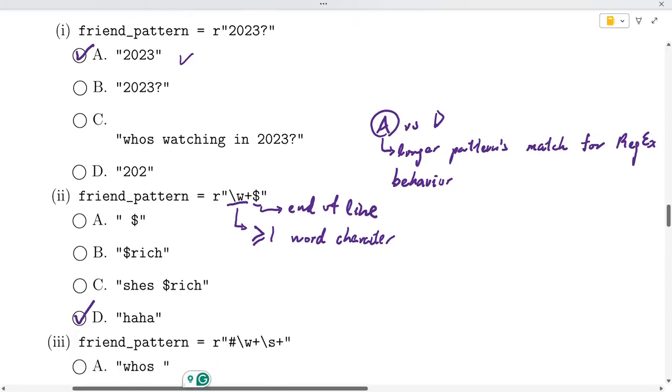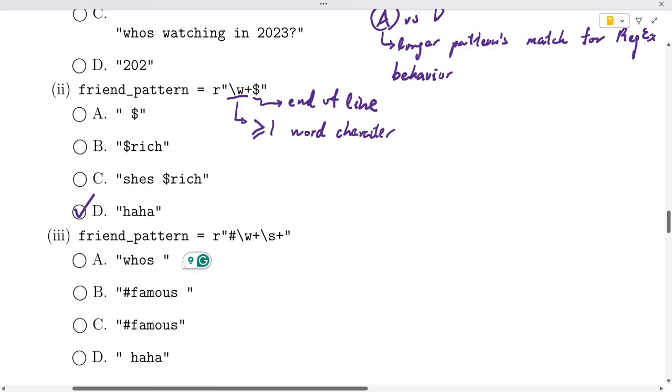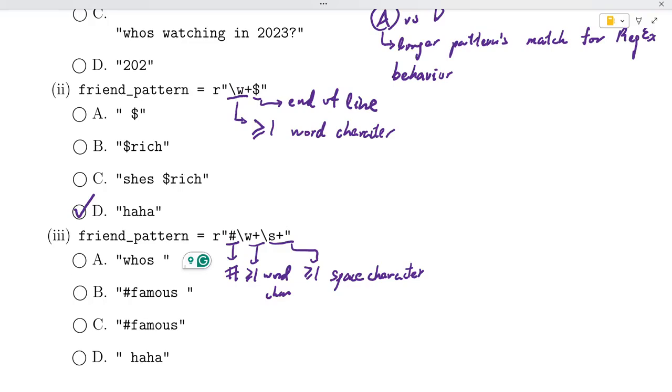Okay. Now 3. If your pattern looks like this, well, hashtag doesn't mean anything, so it's just hashtag. This is more than one word character, and this is more than one space character. Well, once again, due to the greedy property here, it will try to capture as much space as possible until regex encounters a non-space character.